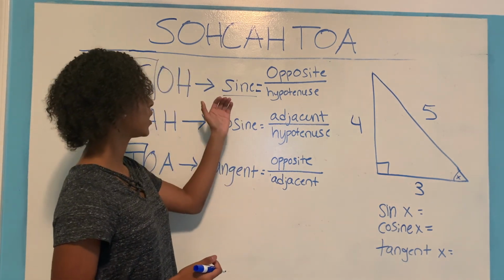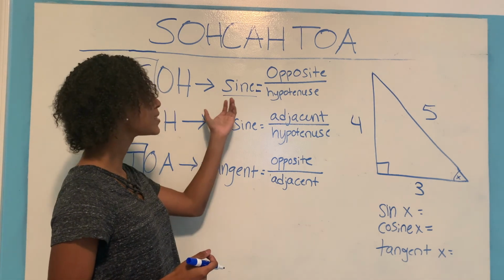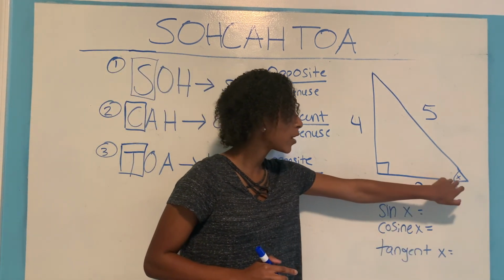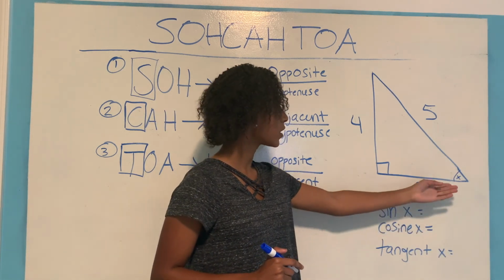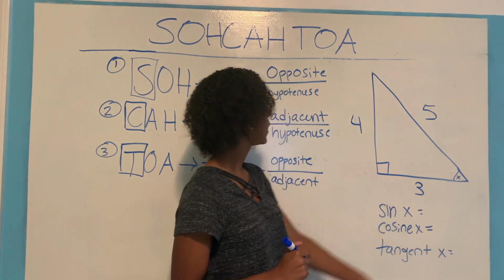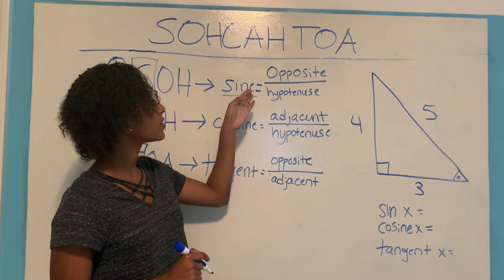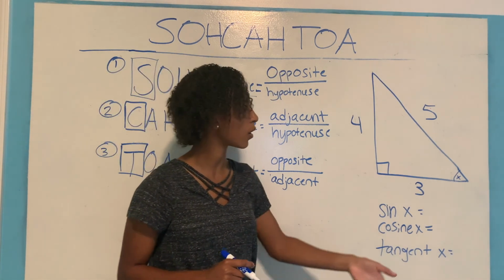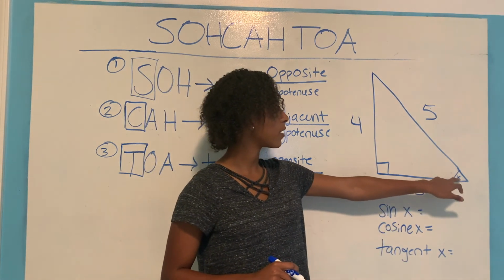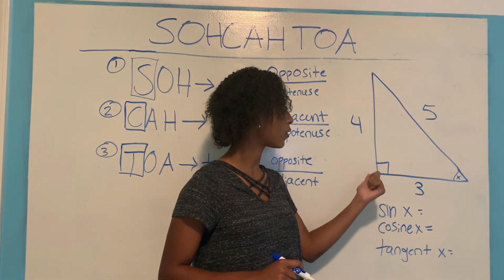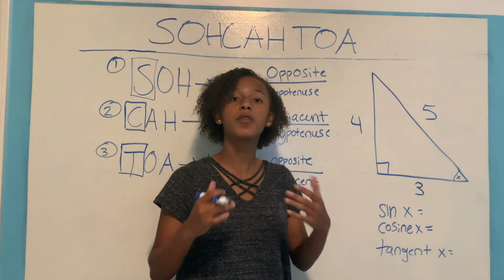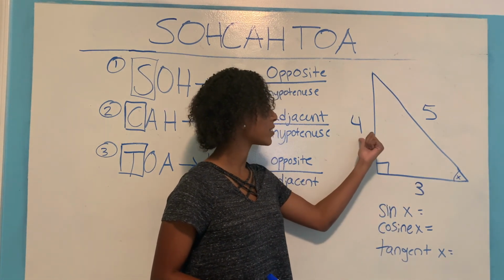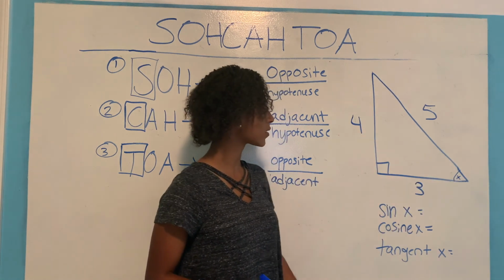Let's say the question is asking, what is the sine of x? You find your angle first of all. You have the x angle right here. The sine is equal to the opposite length of the triangle. So first find the length of the triangle that is opposite to the angle that you're focusing on. In this case, the length opposite to angle x is 4.